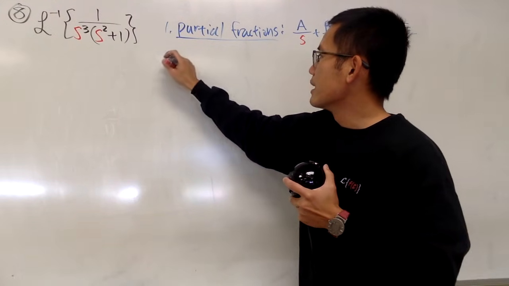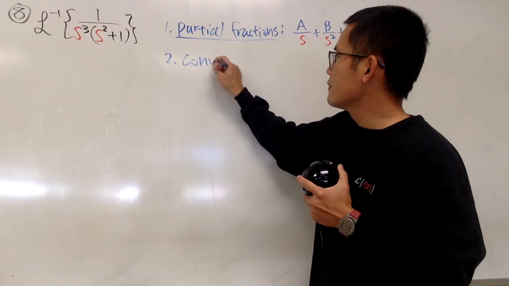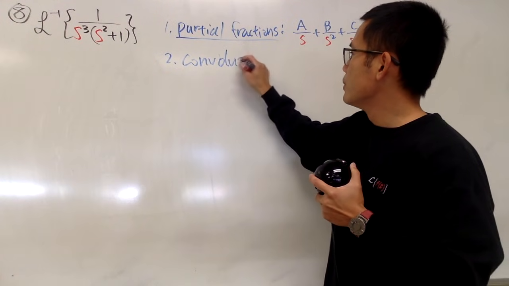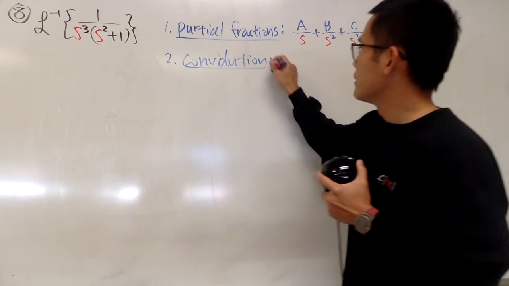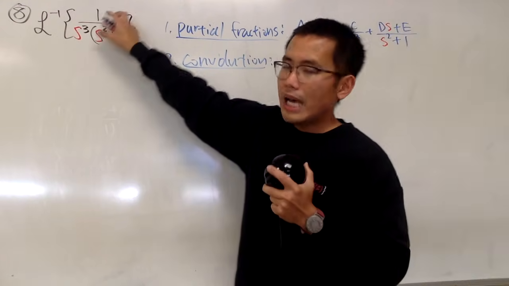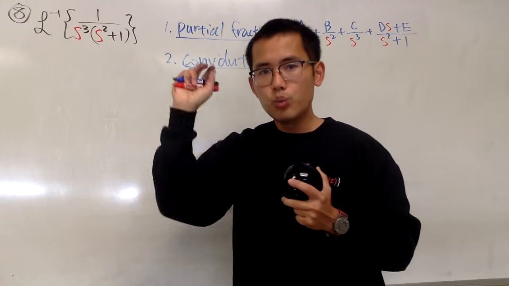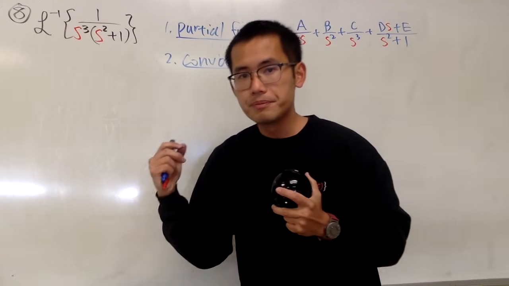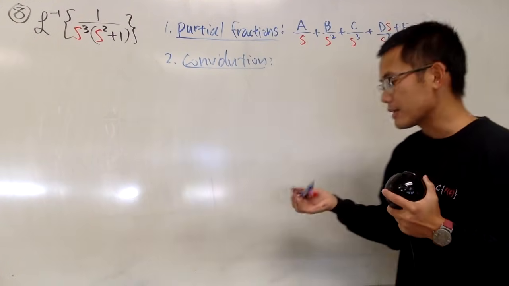Second, you can use the convolution theorem. And what that says is the following. Notice that we actually have a product inside, namely 1 over s to the third power times 1 over s squared plus 1.